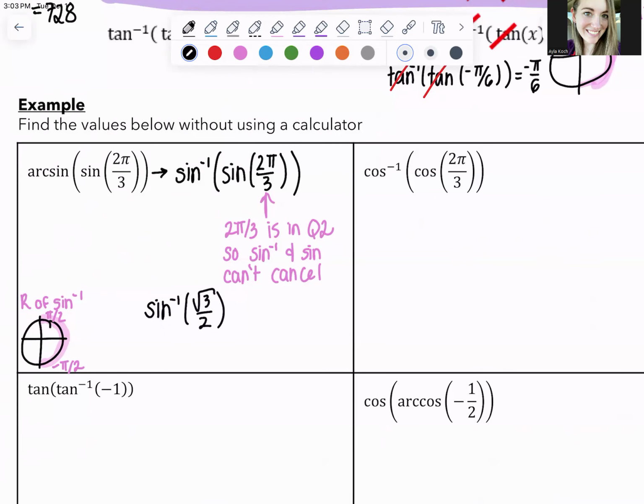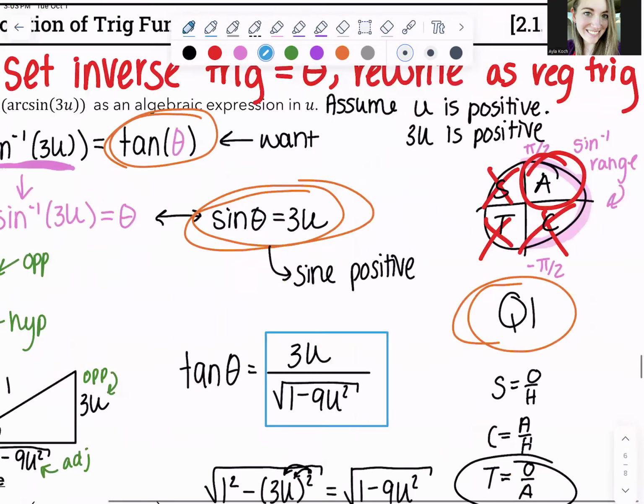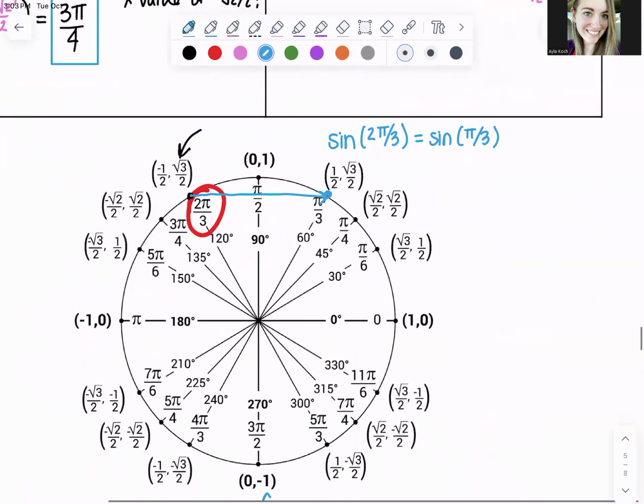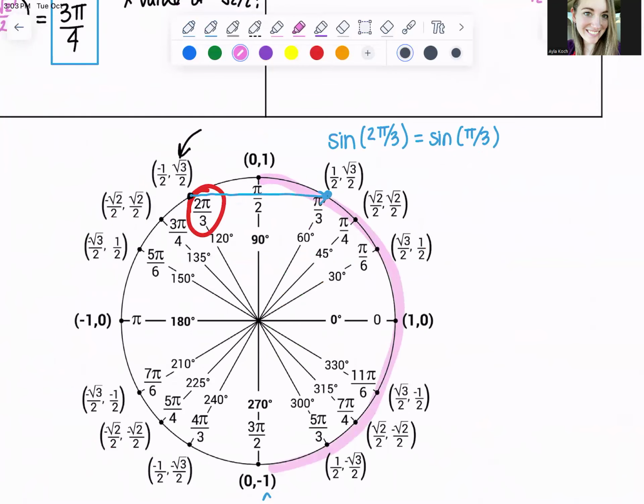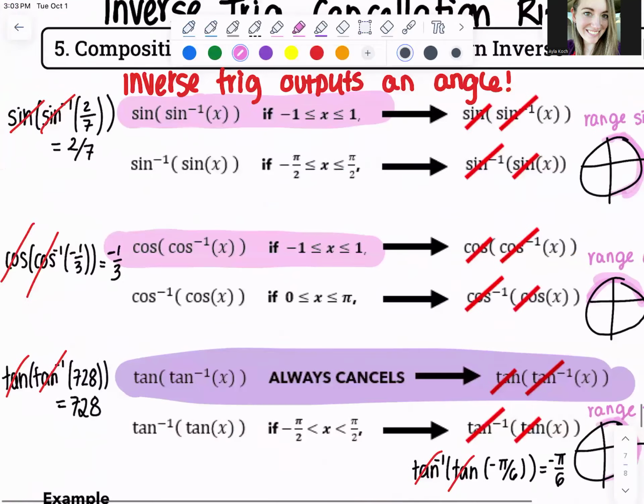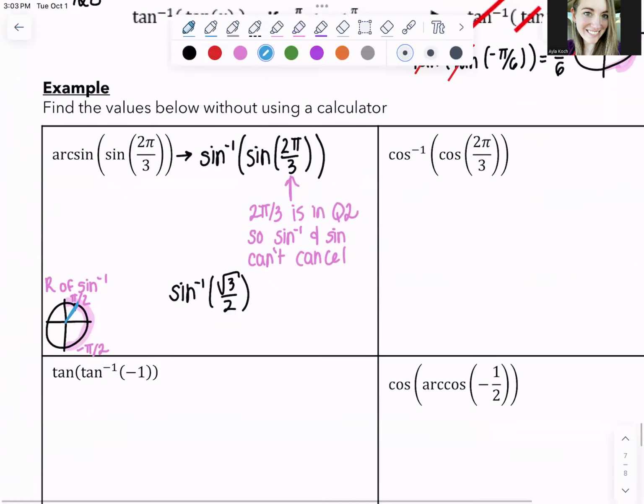And that is at pi over 3. If I'm only looking at these two quadrants, the place where we can find a y value of square root 3 over 2 is at pi over 3. And that is our answer.